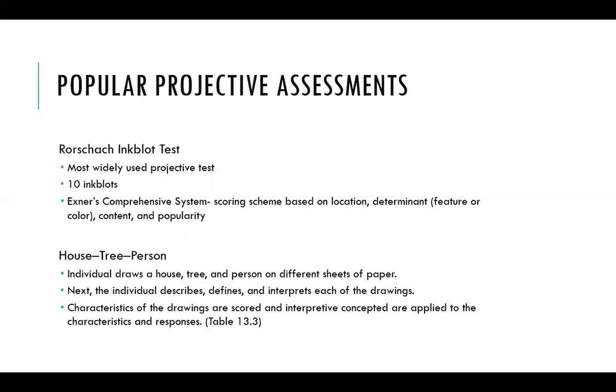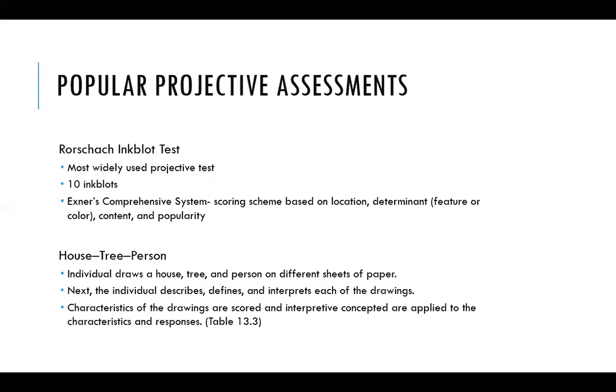There is a scoring scheme, and how those responses are scored is based on location. What part of the ink blot did the individual focus in on? What was the determinant that they focused on? Was there a specific feature of that ink blot or a color that they were drawn to? What was the content of what they talked about and described when they saw the ink blot?